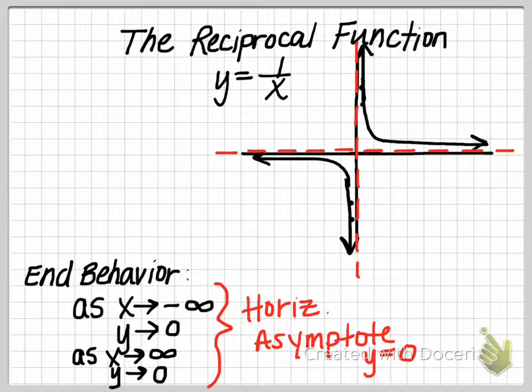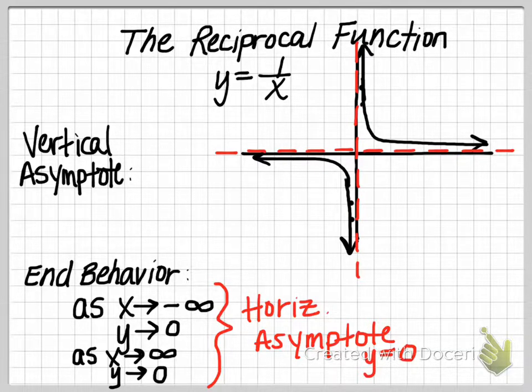So we can add that to our list here of items. The vertical asymptote for this function would be the vertical line x equals 0. So the reciprocal function y equals 1 over x has both a vertical asymptote as well as a horizontal asymptote.